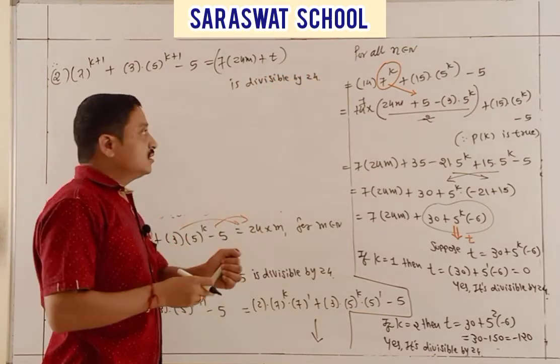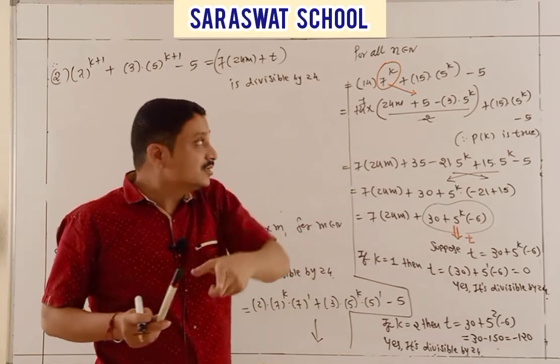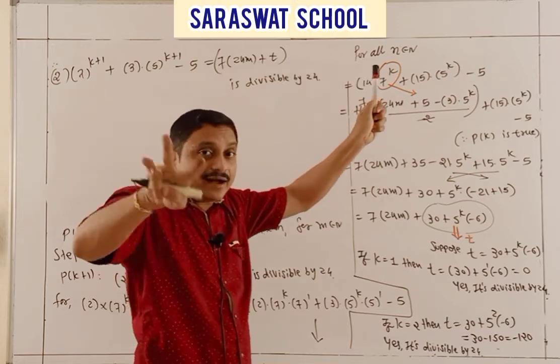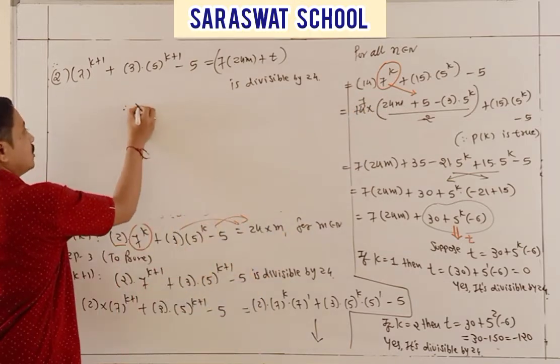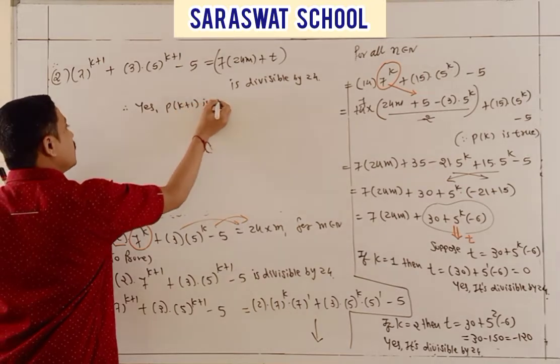Students, why written? This T is already divisible by 24 for any natural number, and this also already has 24 common. Indirectly the full data is divisible by 24. So yes, P of k plus 1 is true.